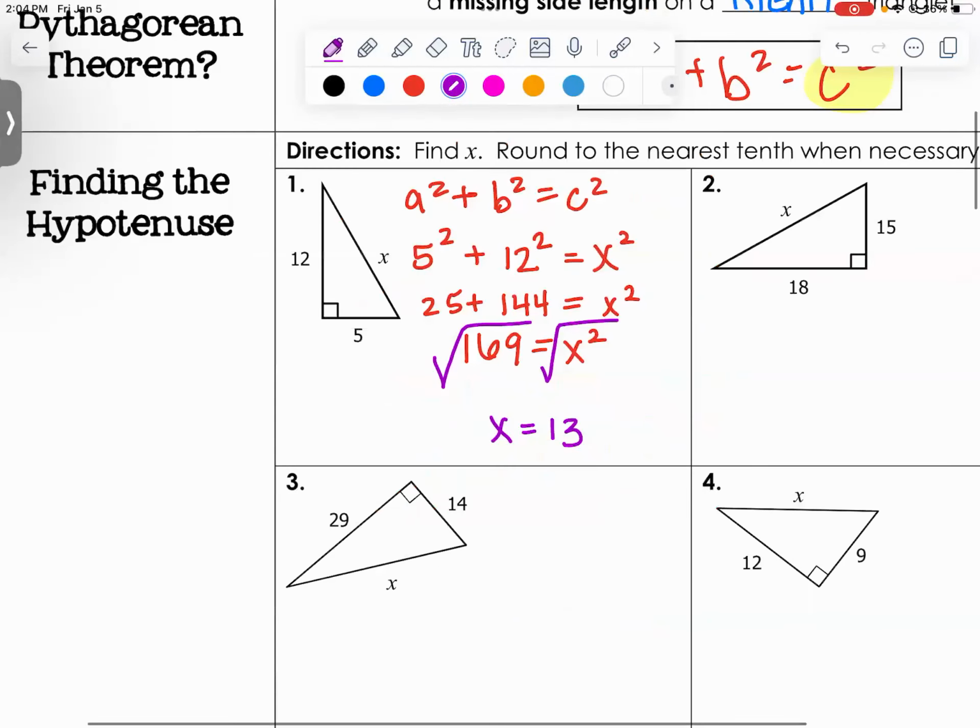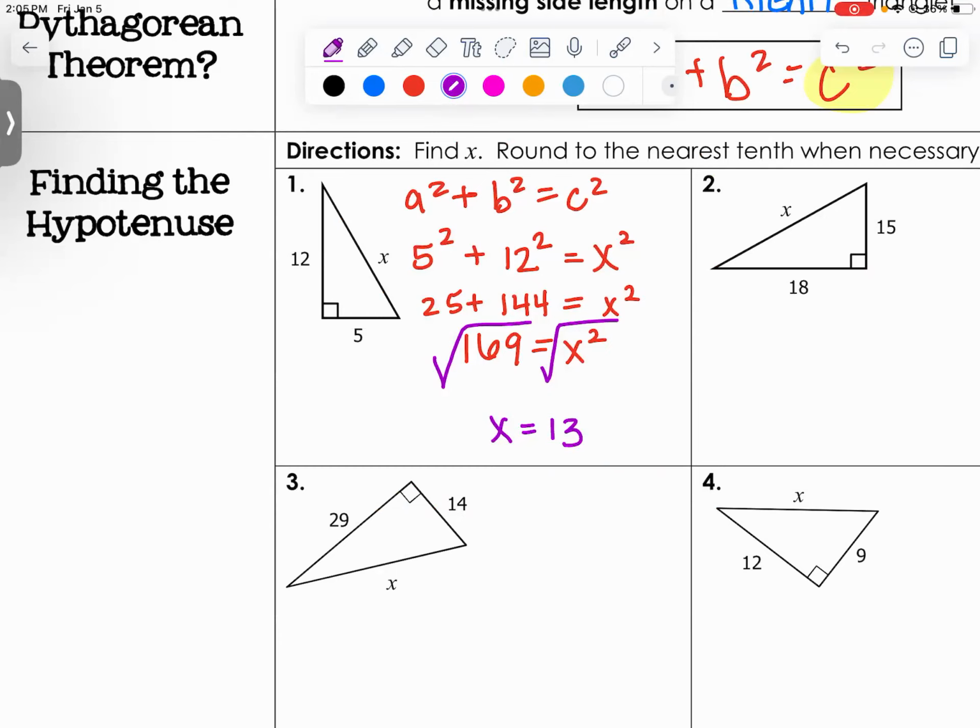Who else has still not gotten it? I don't understand it. Like, what button? No, you have to do second, square root, then 169.